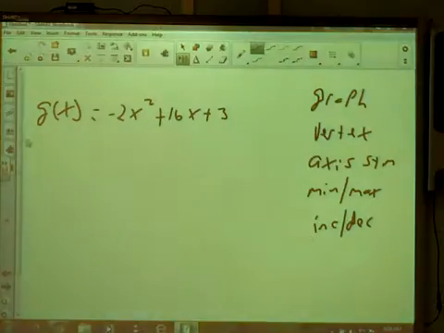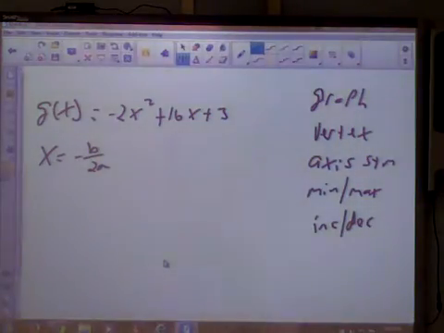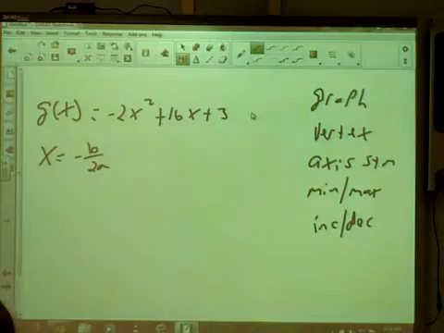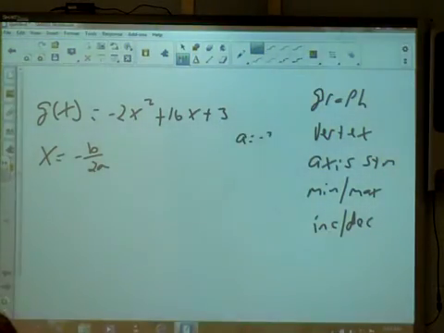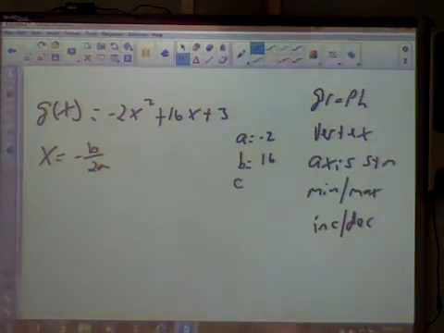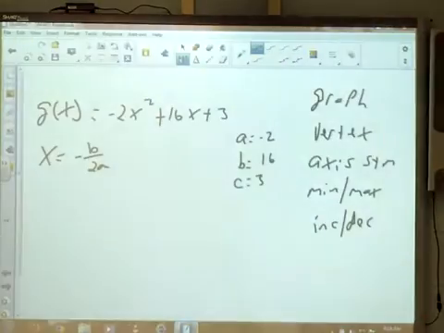When I'm in standard form, I start by finding my axis of symmetry by doing negative b over 2a. Everybody remember that? So in this equation, I've got an a of negative 2, a b of 16, and a c of 3. I don't really need my c now, but I always write it when I write everything else.